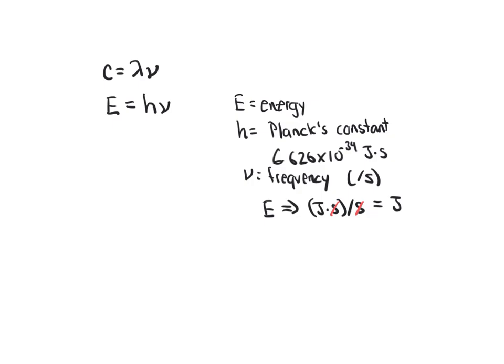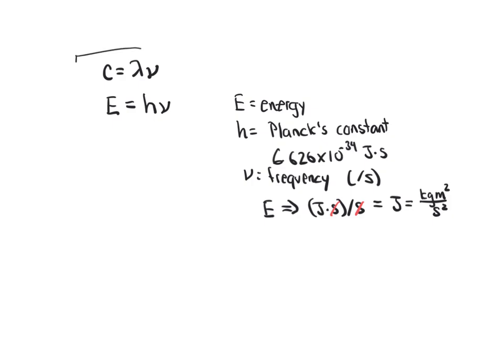Joules is a derived unit, and it's made up of mass, kilograms, distance, meters squared, and time, per second squared. So the base units for a joule are kilograms meters squared per second squared.